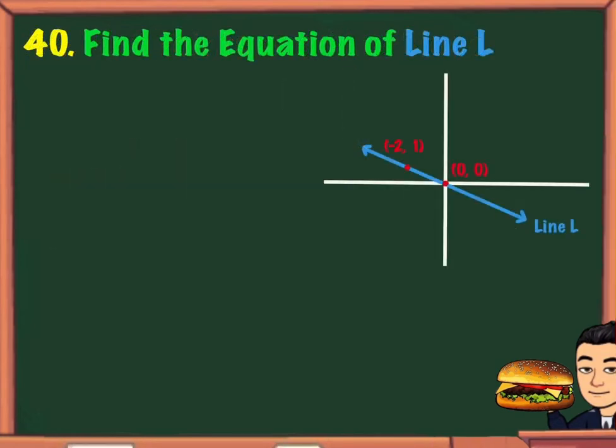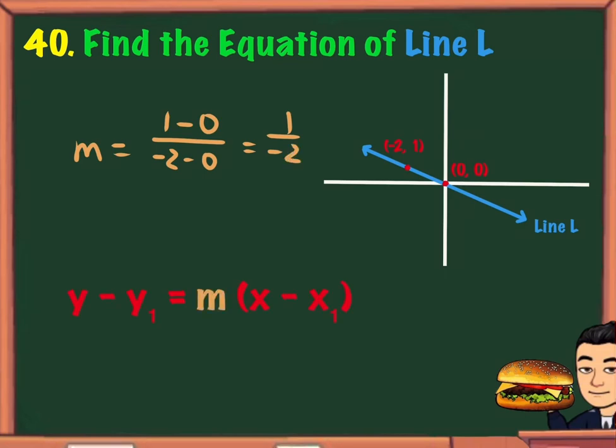In order to find the equation of line L, we want to find the slope first. Using 1 minus 0 over negative 2 minus 0, the slope is 1 over negative 2, so negative 1/2. Now I'm going to bring out the point-slope formula, and you can make any one of the 2 points your x1 and y1.